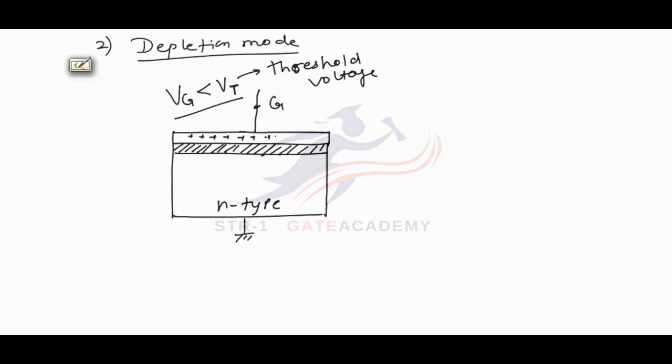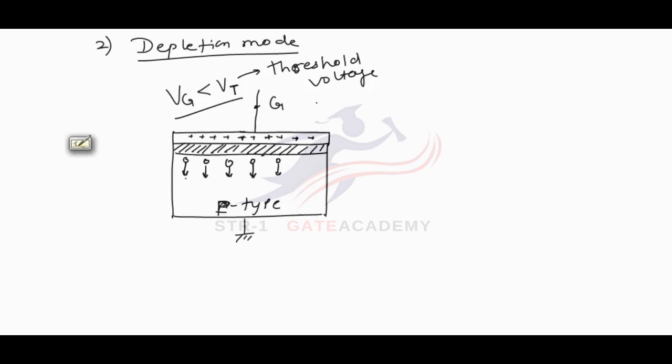But this positive voltage is not sufficiently strong to attract the negatively charged carriers, which are very few in this p-type substrate. So this voltage is sufficient only to repel the holes away from the oxide semiconductor interface.